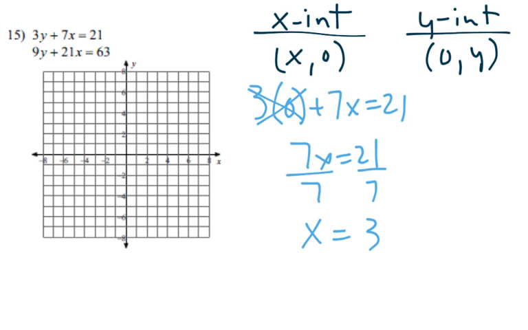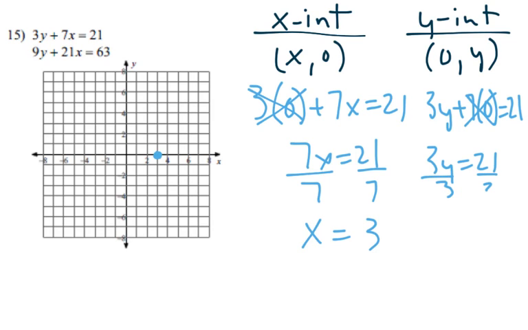We get x equals 3. So I go on the x-axis to 3. Then for my y-intercept, I keep the y and solve for x. So for those of you that don't like finding the slope-intercept form, this is the other way you can do it. Divide by 3, and we get y equals 7. So I go up to 7. Now I've got 2 points, so I can find the slope from those 2 points and then graph it that way, or I can just graph it.